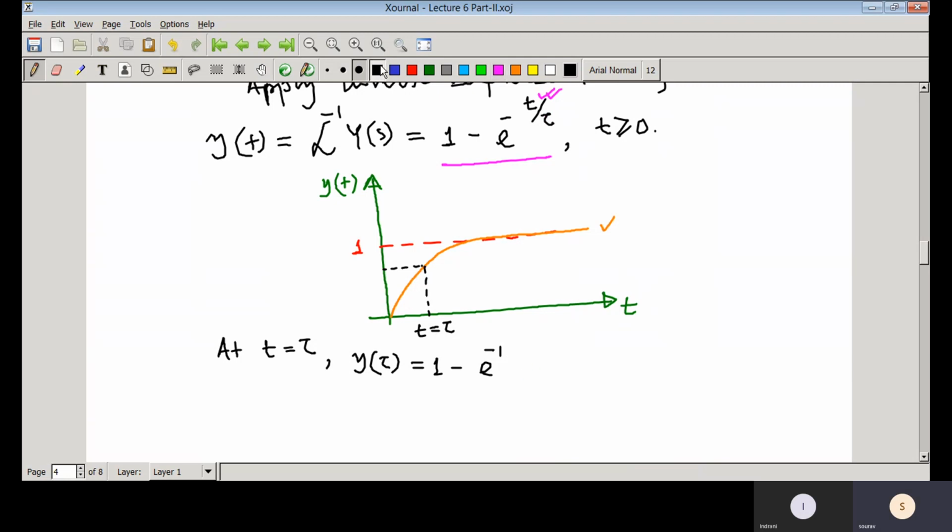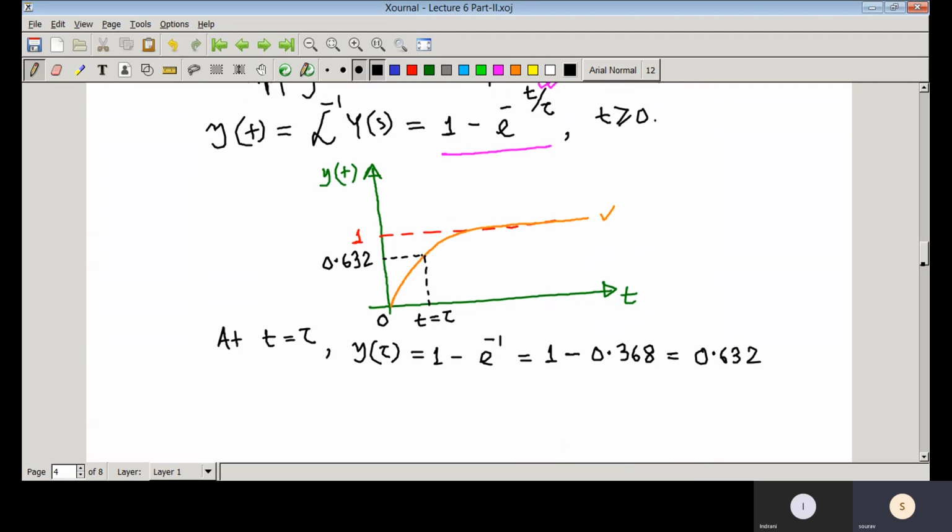So then you have 1 minus, if you take all the numerical values, finally you would get 0.632. So if you replace t equal to tau, this value is 0.632.